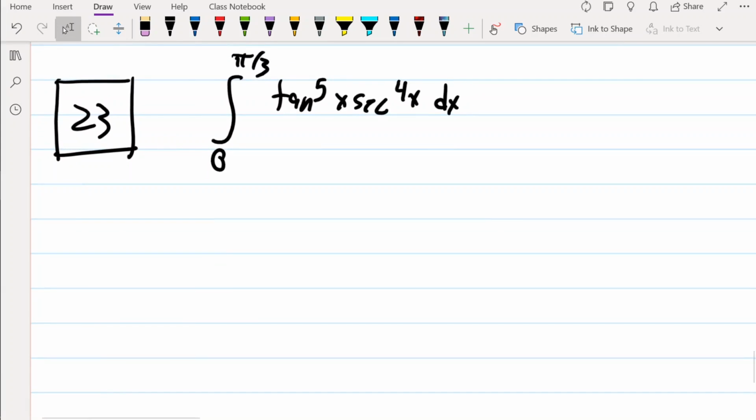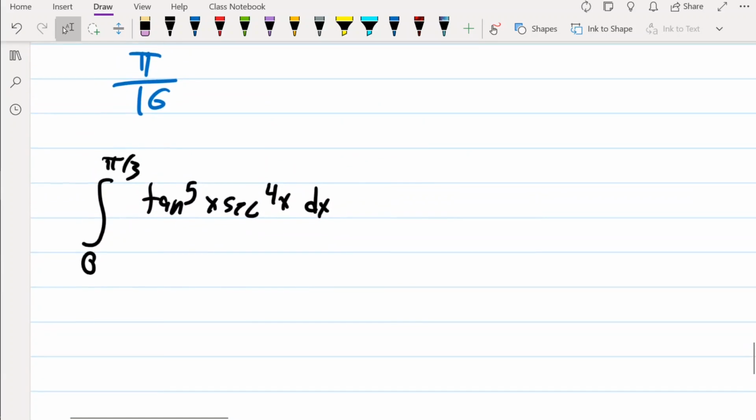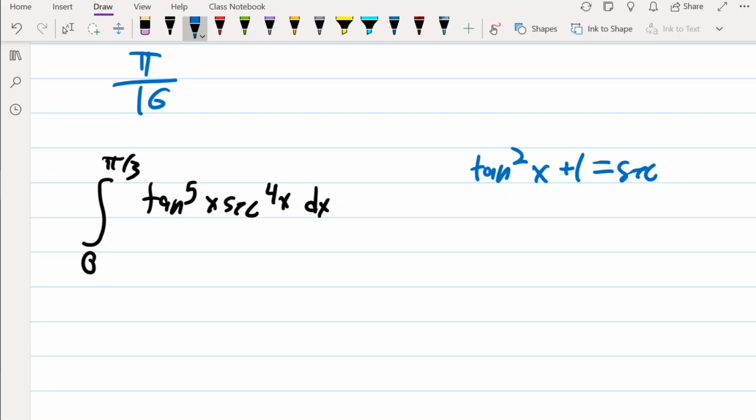Wait, 1 minute. Let me write the rule real quick. So tan squared x plus 1 equals secant squared x, I believe. No, it doesn't feel right.